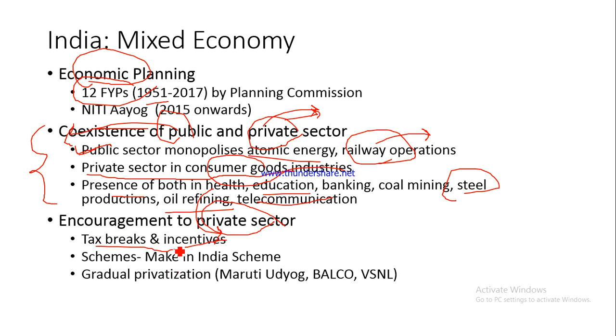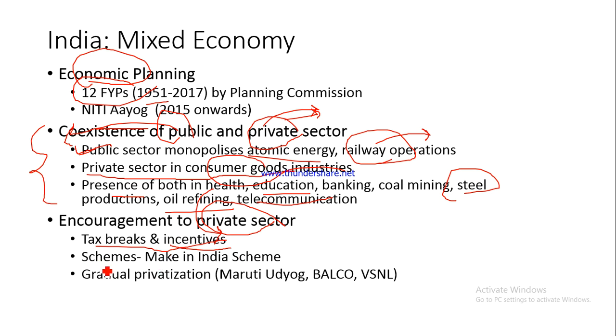Many times we have got incentives. For example, only recently the government has decided to provide some incentives to the exporters. You must have heard of the road tax scheme, right? This was discussed in the class last year only. So road tax scheme, the incentives are provided to the exporters so that they can export more. Now this again is an example of encouragement to private sector.